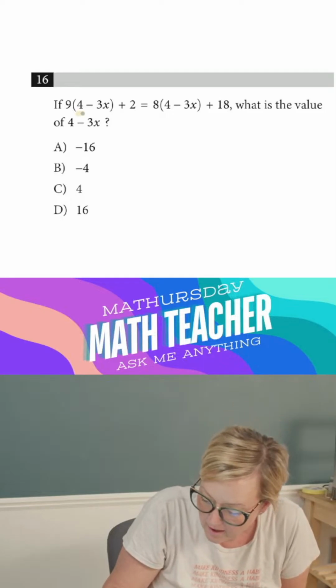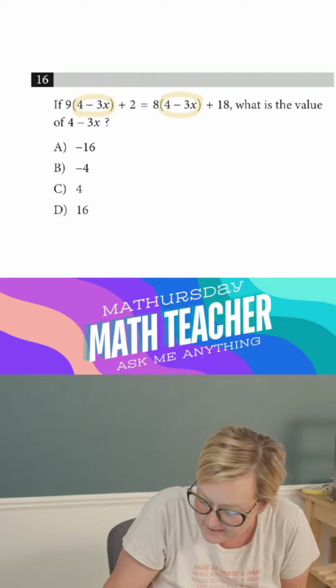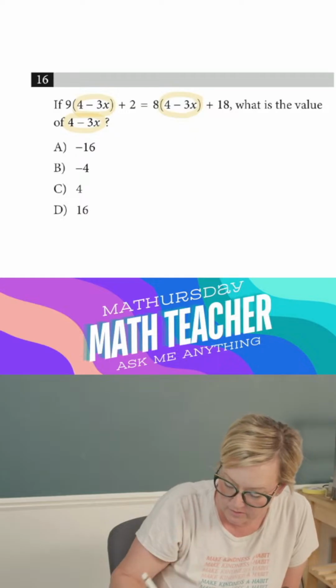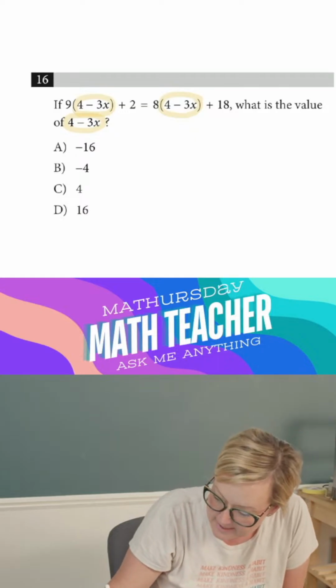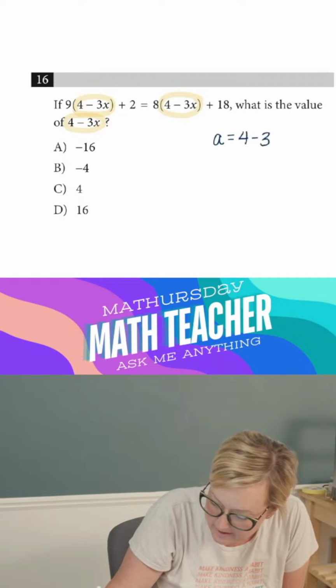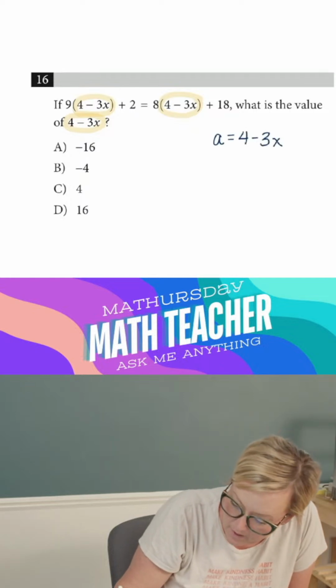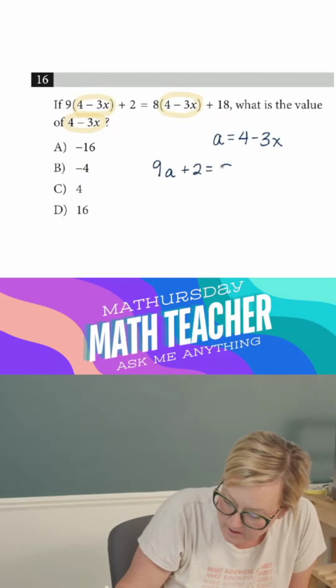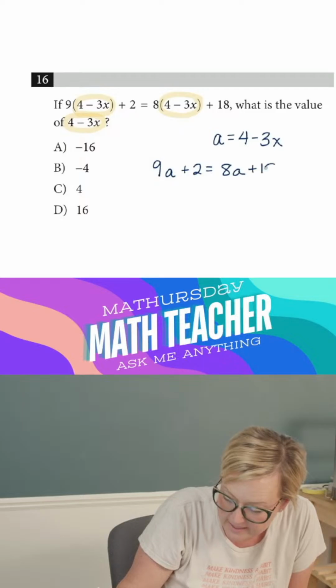So here's 4 minus 3X. Here's 4 minus 3X, and that's what I'm trying to figure out. So what I'm gonna do is what somebody mentioned earlier. I'm gonna just call it A. I'm gonna say that A is 4 minus 3X. And then I'm gonna rewrite this as 9A plus 2 equals 8A plus 18.